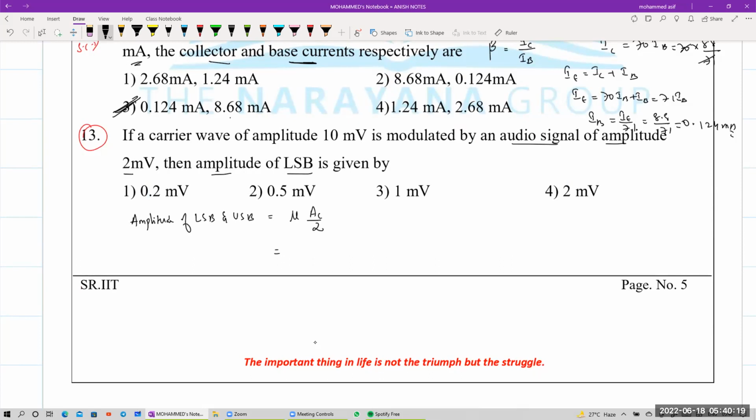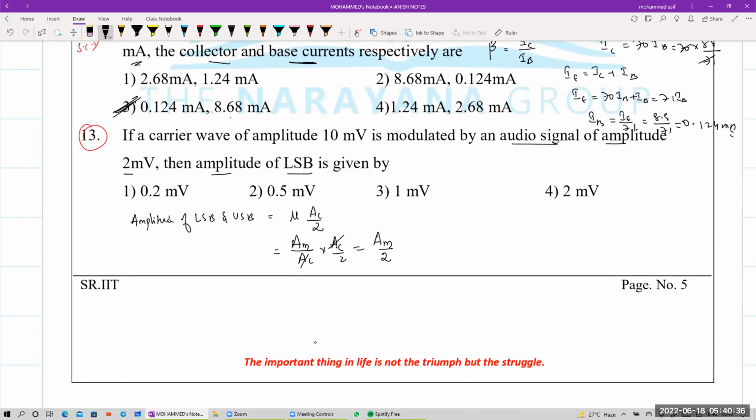So this is the ratio of modulator divided by AC, into AC divided by 2. AC gets cancelled, so the formula is AM divided by 2, the amplitude of the modulating wave divided by 2.